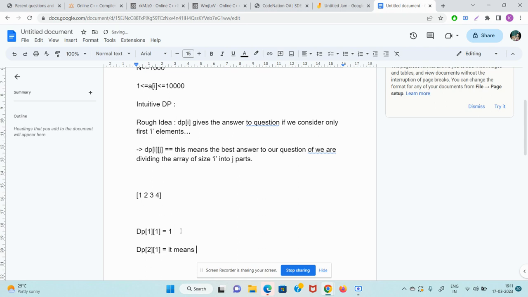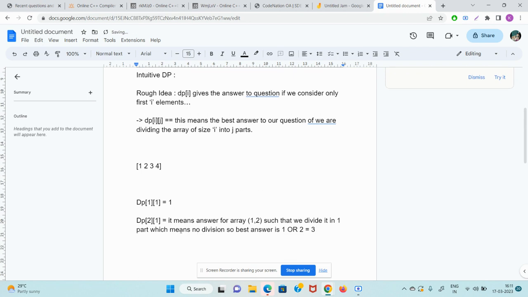It means the answer for array 1, 2 such that we divide it in one part, which means no division. So the best answer is 1 bitwise OR 2, which is 3. dp[2][1] is 3.